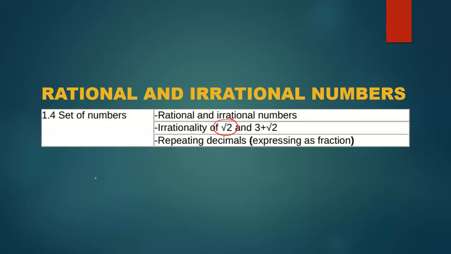So you can have a question where they ask you to prove that the root of 2 is irrational. How do you solve such a question? This is a question that a lot of people find difficult to solve. They ask you to say, prove that the root of 5 is irrational.